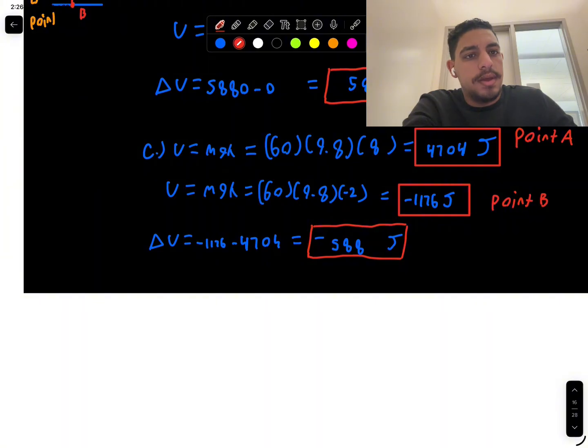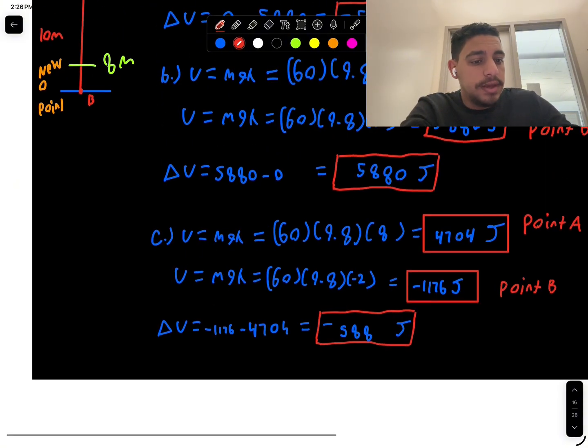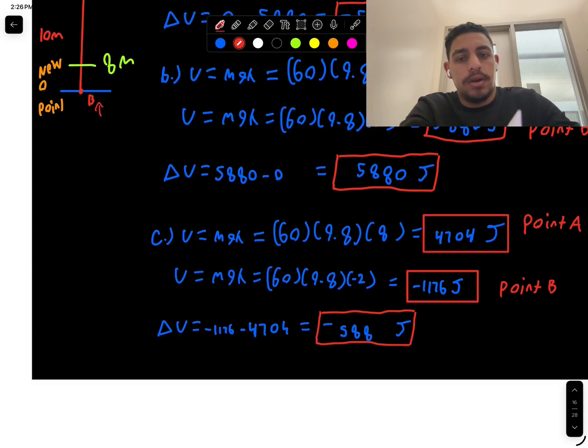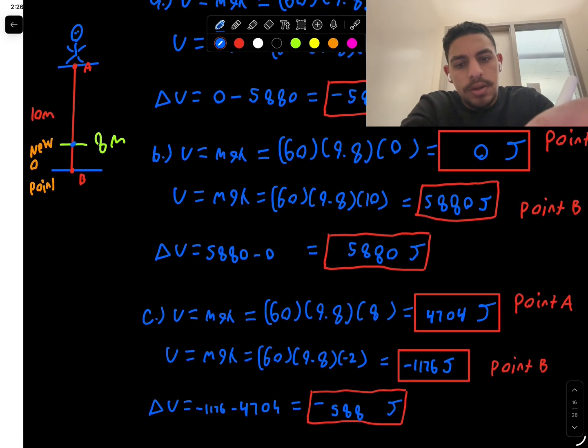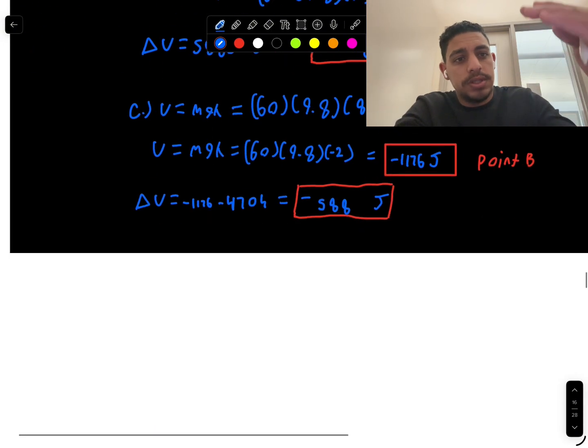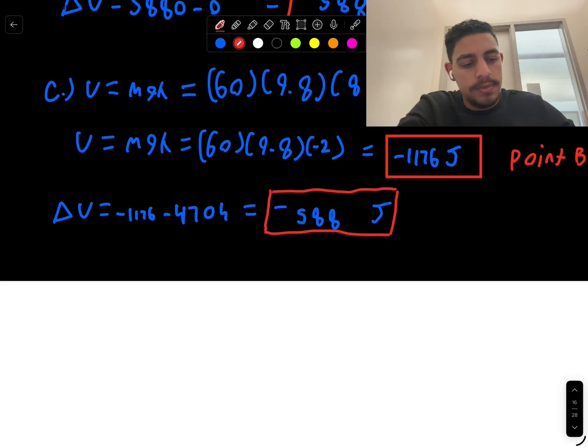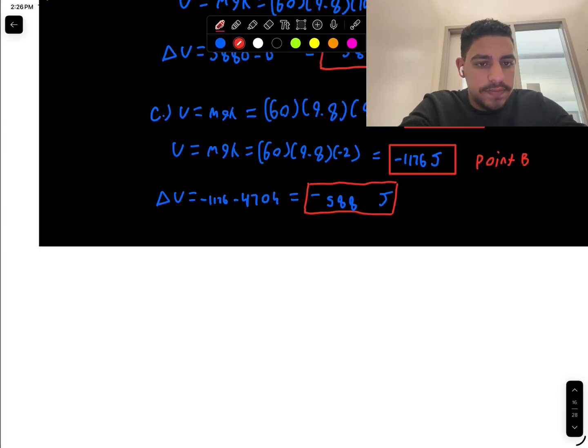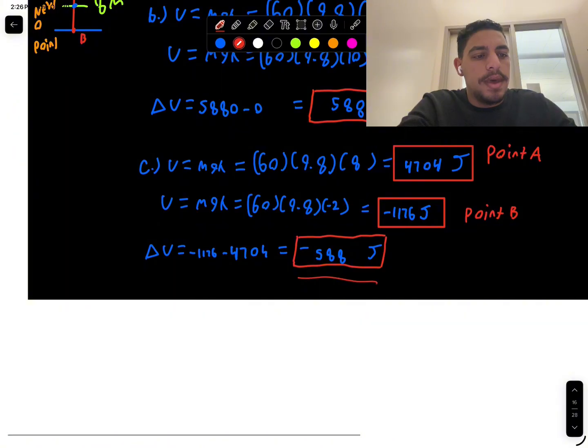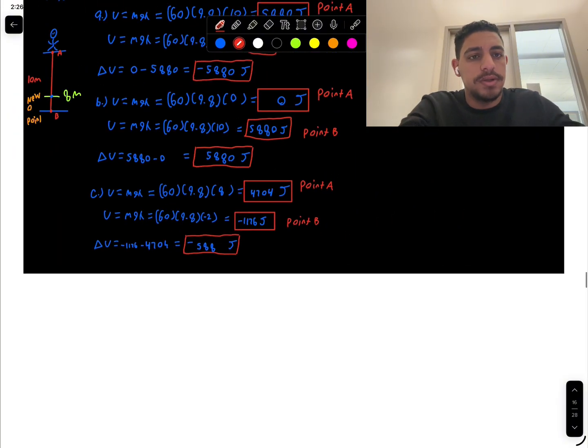And again, now because we're not at our 0 point, we're actually at -2, because our 0 point is right here at this point. And because our 0 is 8 meters away from here, we still have point B, which is under the 0 by 2 meters. And so that's where this -2 comes from. And then again, there's this change right here of -588 joules.